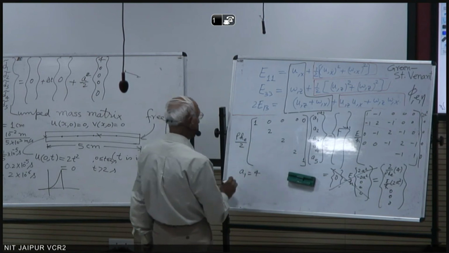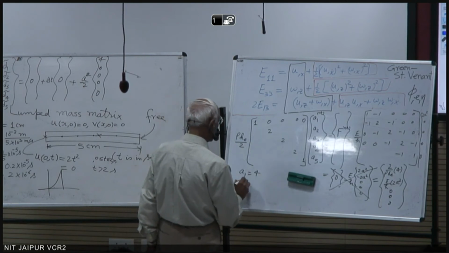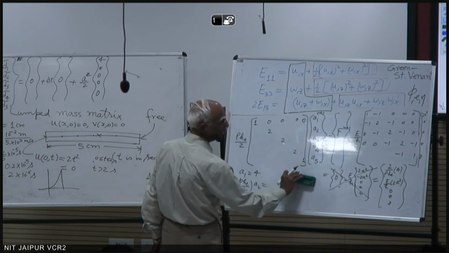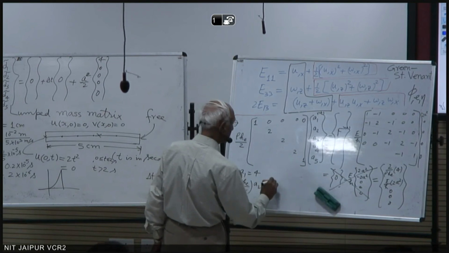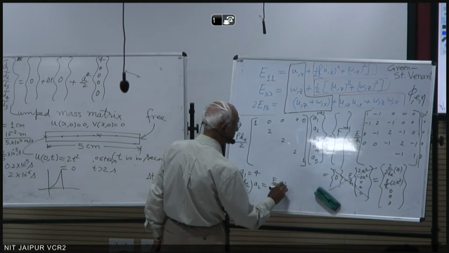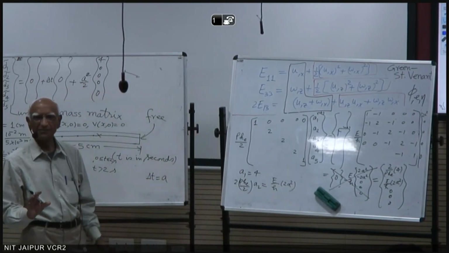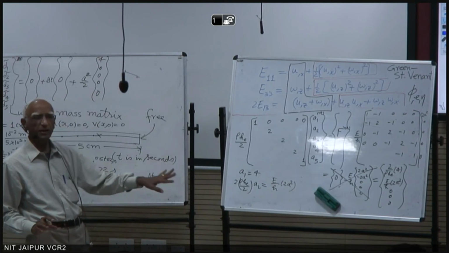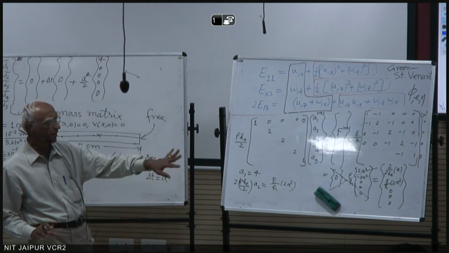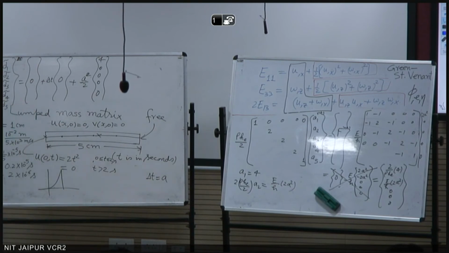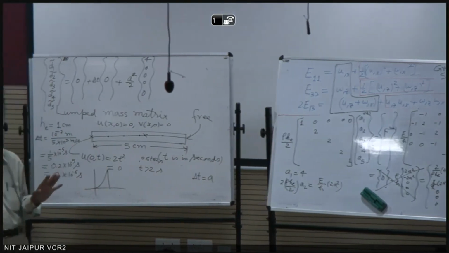And if you solve it, you will get twice rho h e over 2 a2 equal to e over h 2a square. A is delta t. So you can solve for a2. a3 is 0, a4 is 0, a5 is 0. Is it making sense or not?